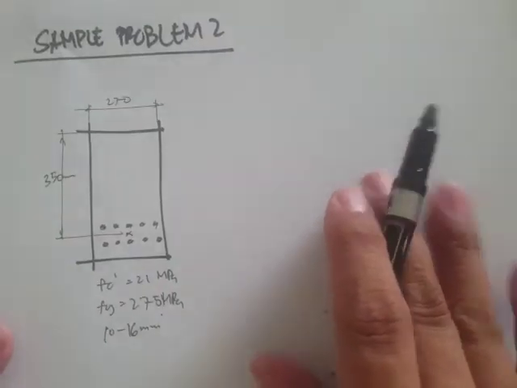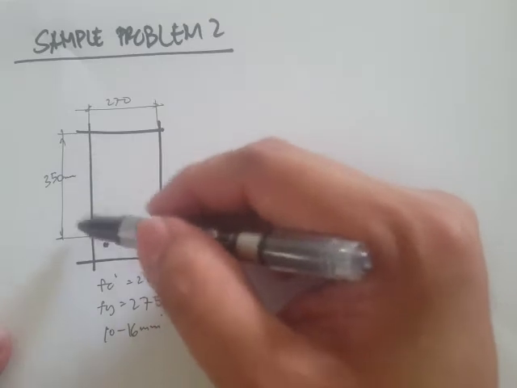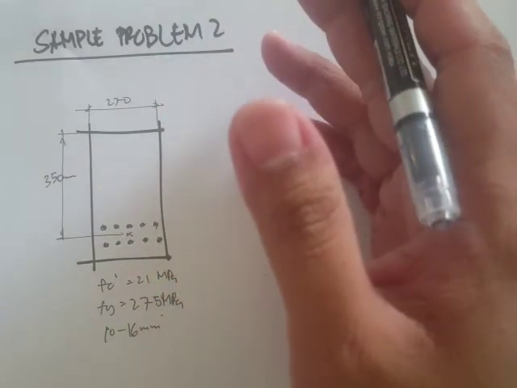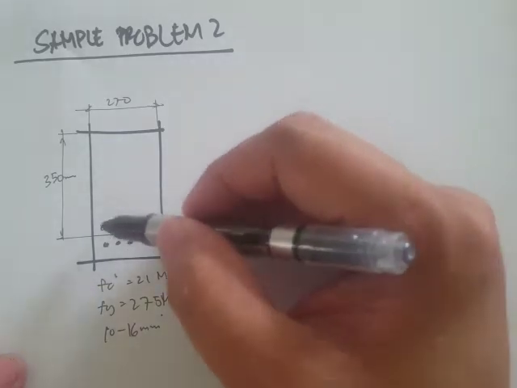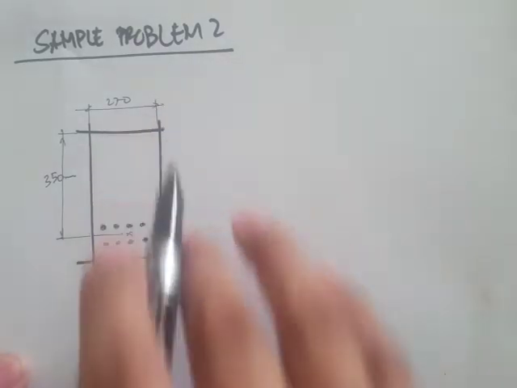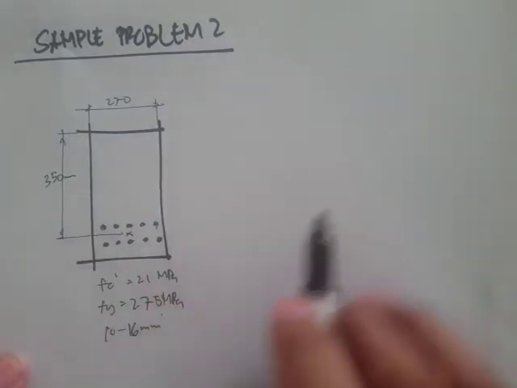So we have this problem, 270 by 350, with the same effective depth as our previous problem, except that I inserted here 10 pieces of 16 mm bars in 2 layers.